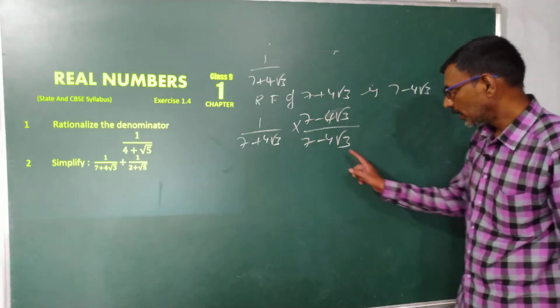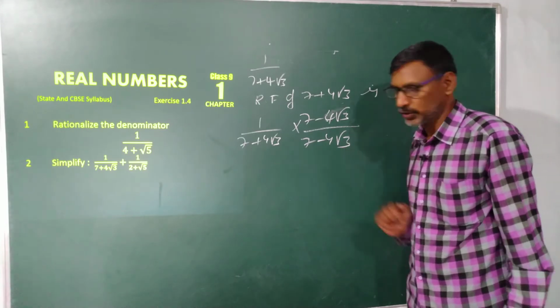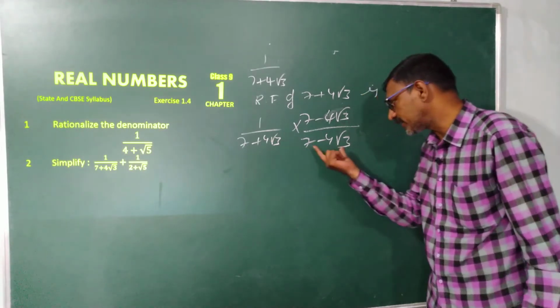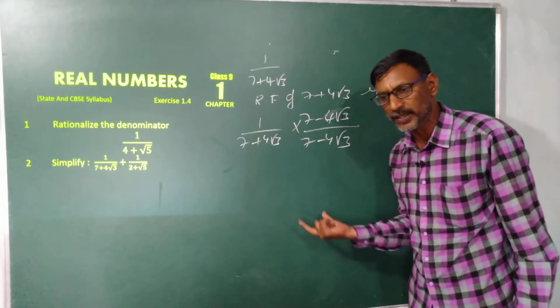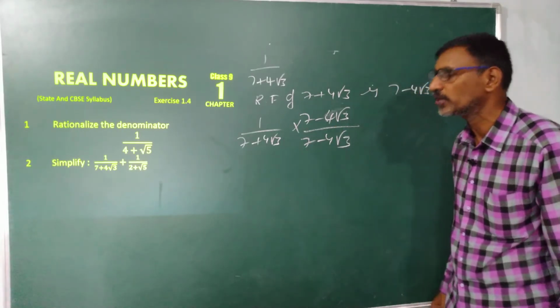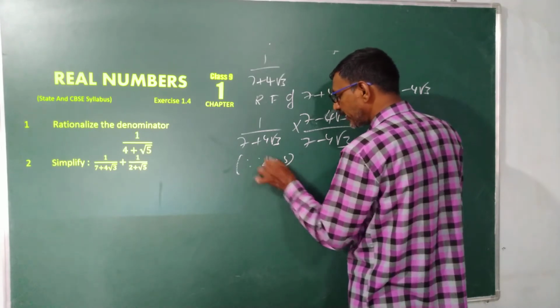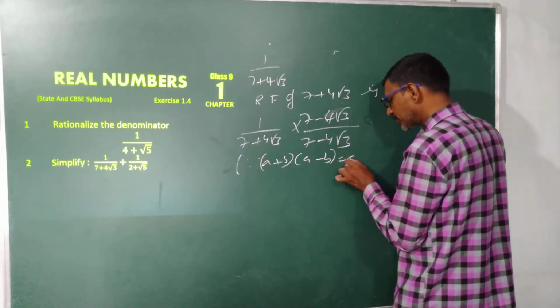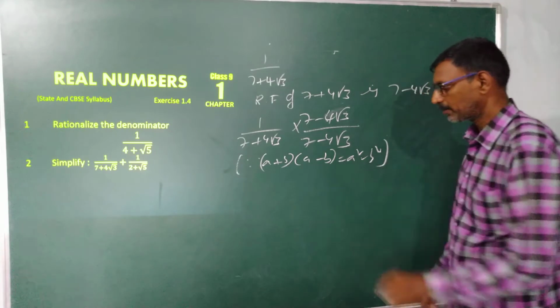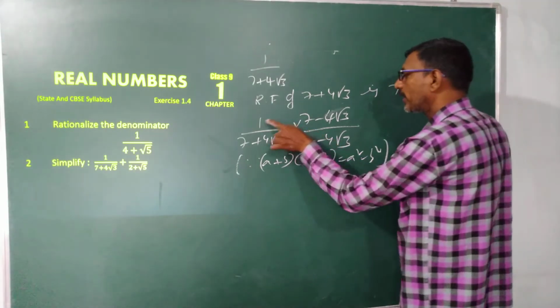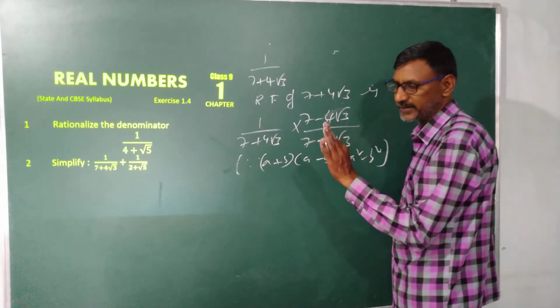The product of these two, this is my a plus b and this is a minus b. We can write a plus b into a minus b is always equal to a square minus b square. By this formula, 1 multiplied by this gives the same result.